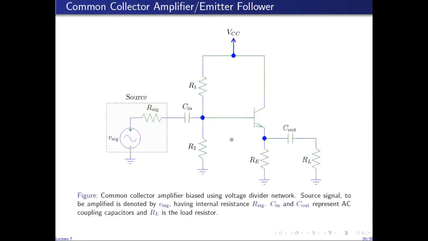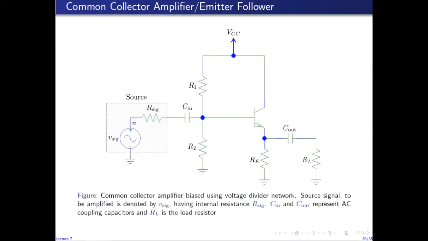And there is no RC. RC is 0 because we want the collector terminal to be at AC ground. So when we find the AC equivalent circuit of this amplifier, it is found by short circuiting VCC to ground. So this node is at AC ground, which brings this collector to AC ground.